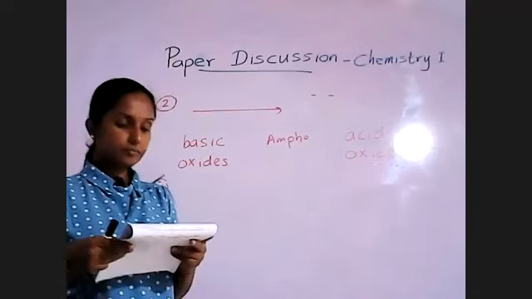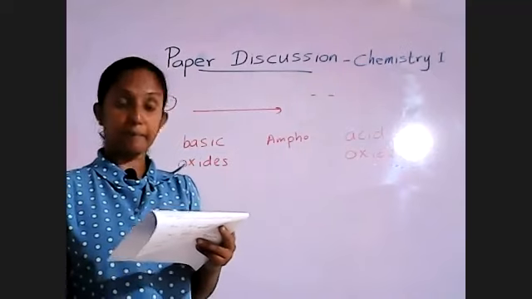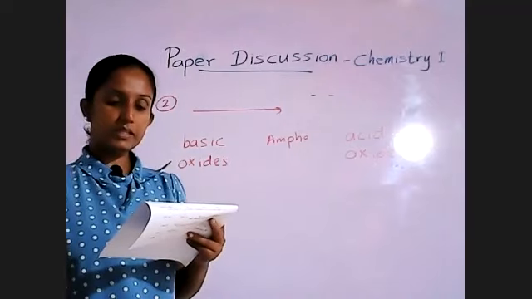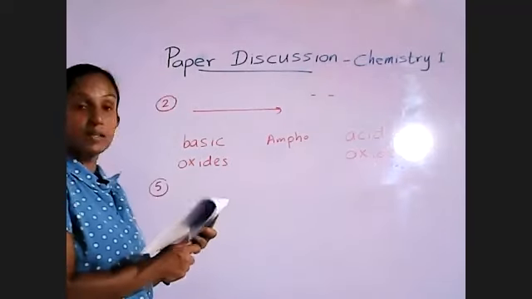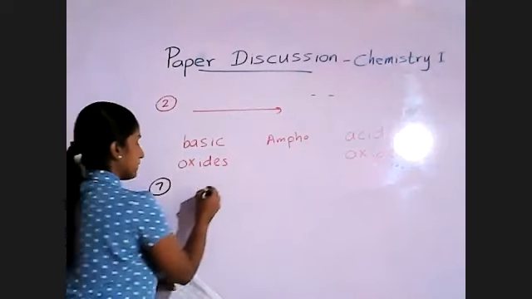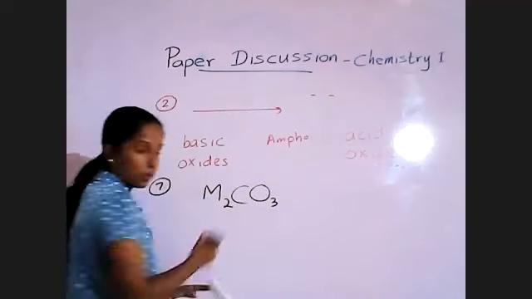Look at the seventh one. The chemical formula of the carbonate of an element M is M2CO3. What is the chemical formula of the chloride of M? The carbonate is given, that is M2CO3.